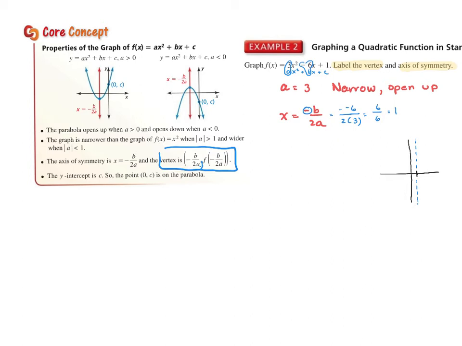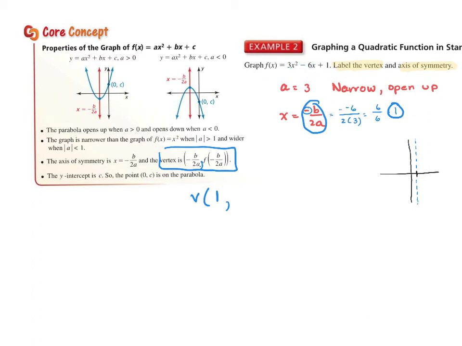Well, I already know what negative b over 2a is. I just found out the axis of symmetry is at 1, calculated with negative b over 2a. So I know the x value of the vertex. I know my vertex has to be on this axis of symmetry. The f of negative b over 2a just means take your function, f, and plug in the value of negative b over 2a, which is 1. So I really want the f of 1.